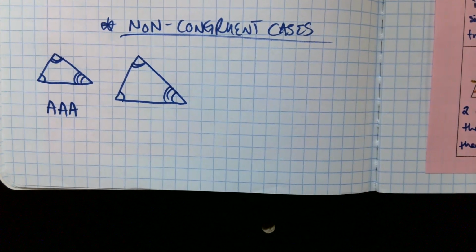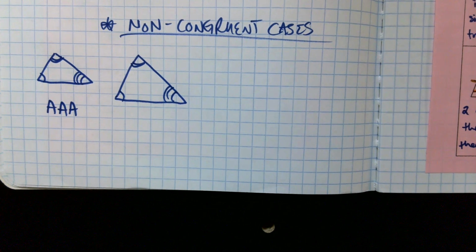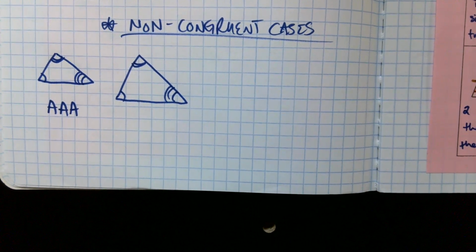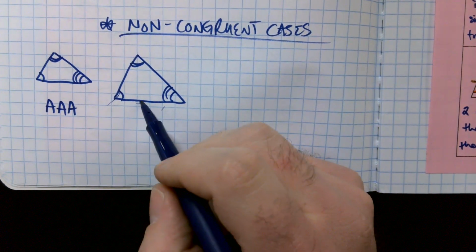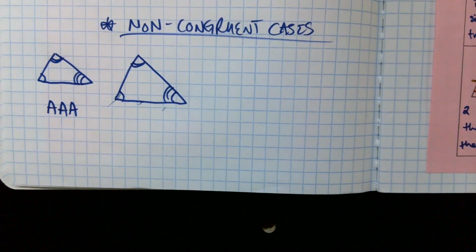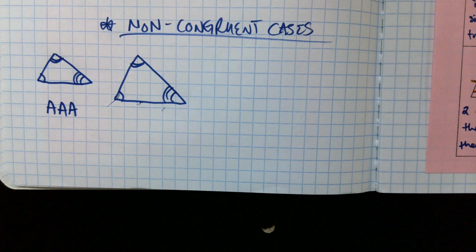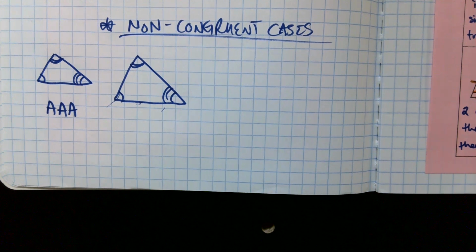Yeah, Tyler? How would it not be congruent? I can have two triangles with the same angle measures that have different length sides, because the side lengths would be proportional. That's what similar triangles are, right?